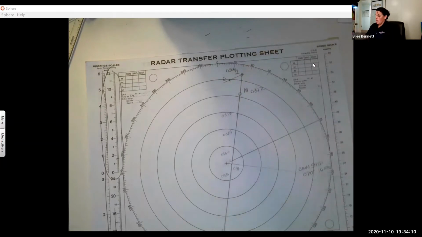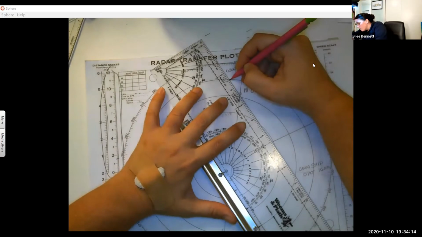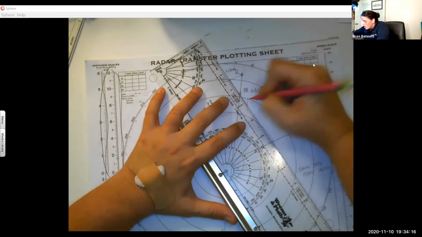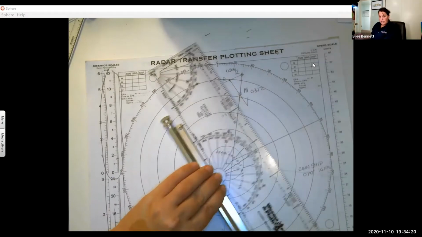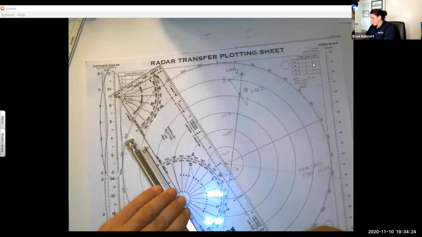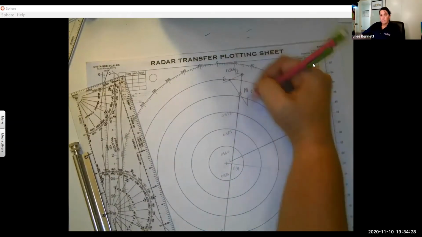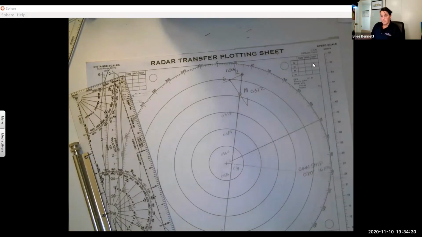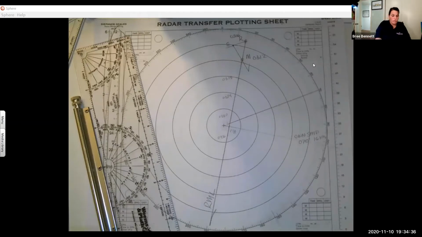So let's connect E to M to see what they're doing. I'm also going to parallel that line so I can get the actual course. Their true course is 152.